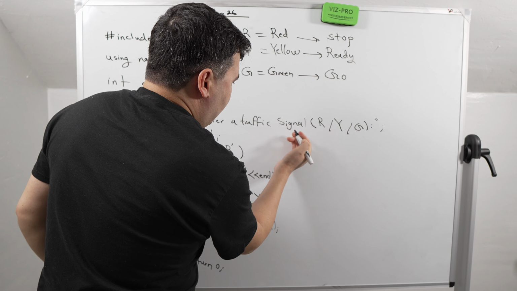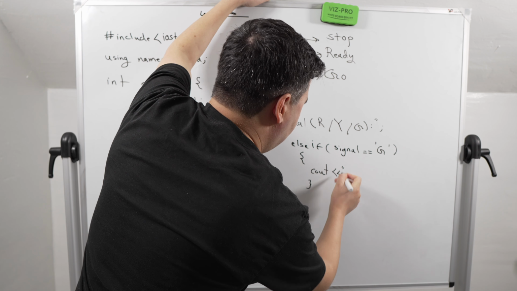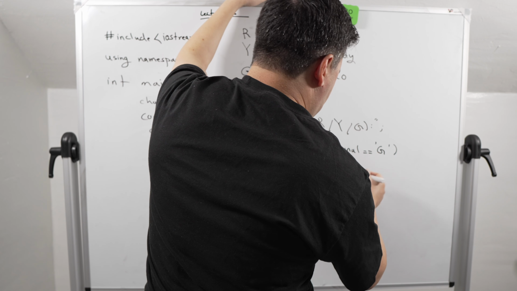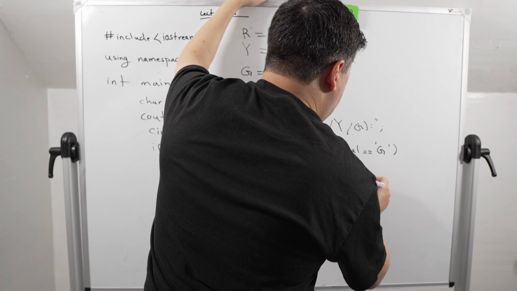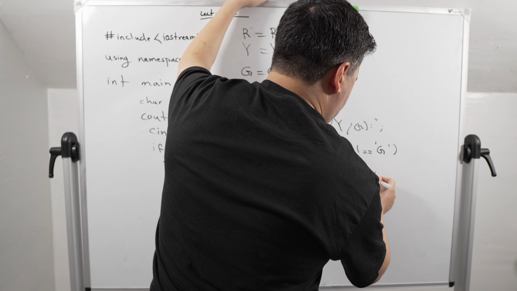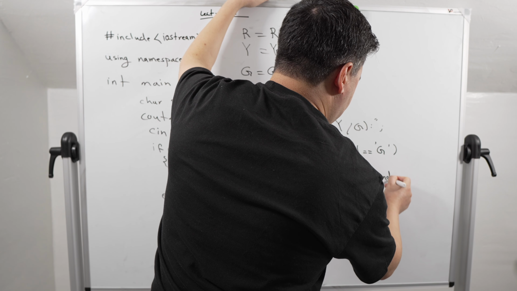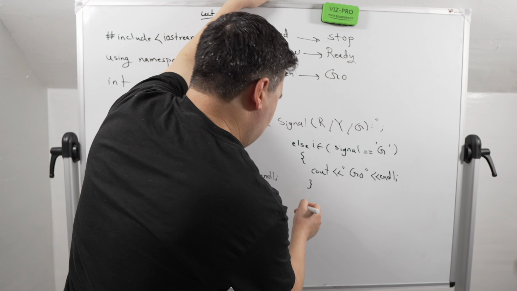Then cout, because the signal is green, we say go, and then endl, and then we have else.